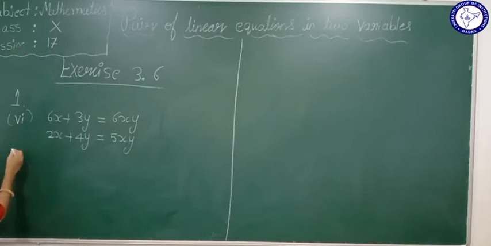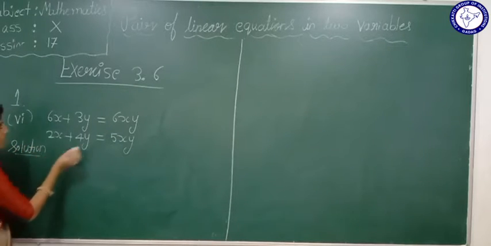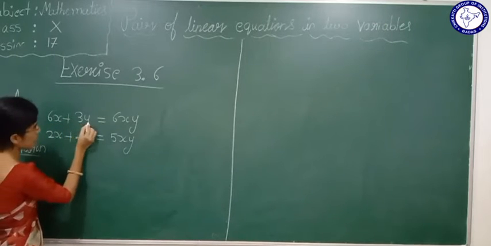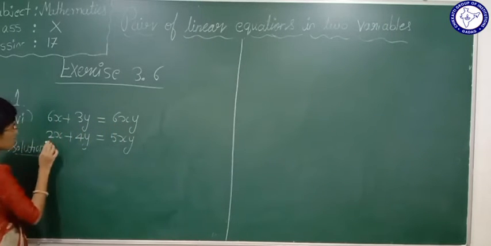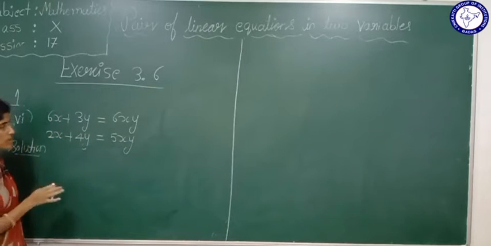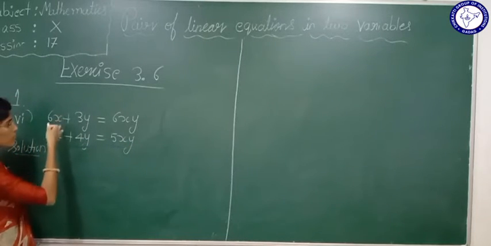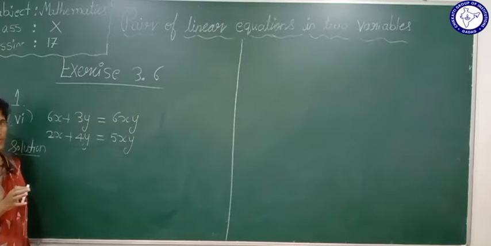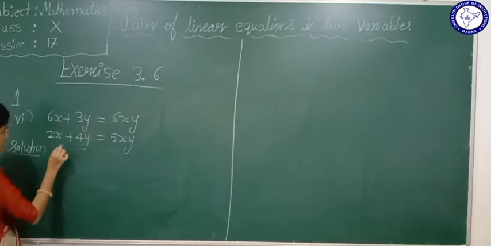See here, 6x plus 3y is equal to 6xy, and 2x plus 4y is equal to 5xy. What we will do is divide both the equations by xy. So what will it become?